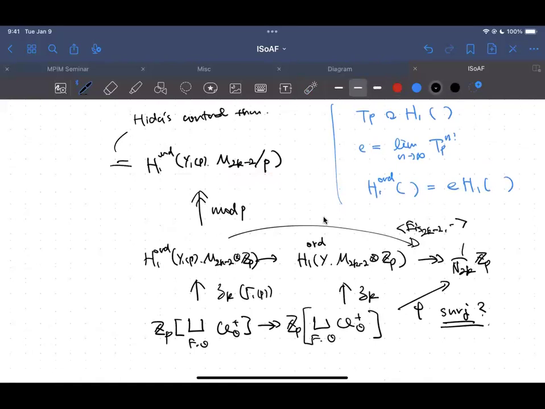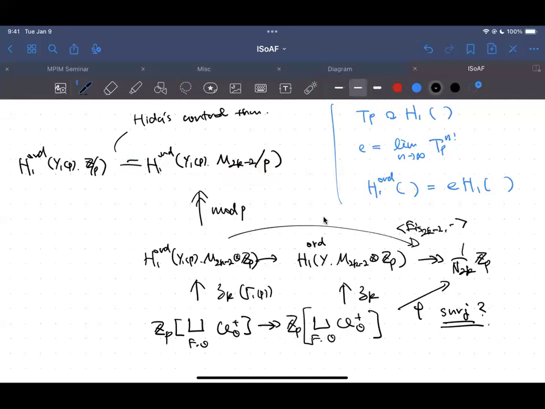That is, we can actually vary the weight after mod p. So we can prove the isomorphism between the homology of coefficient Zp and coefficient this gamma module.